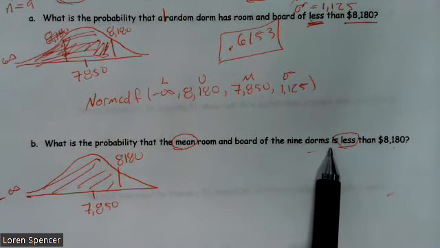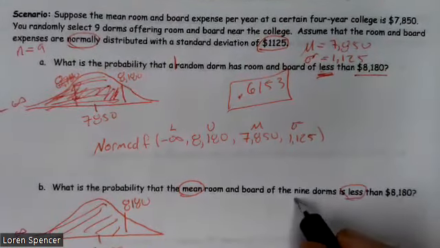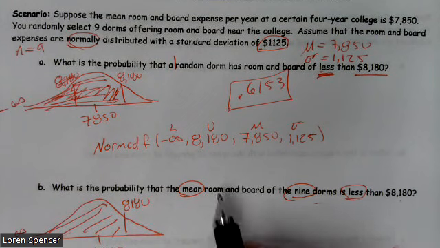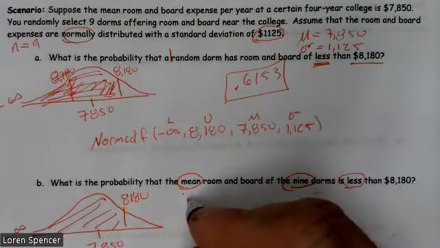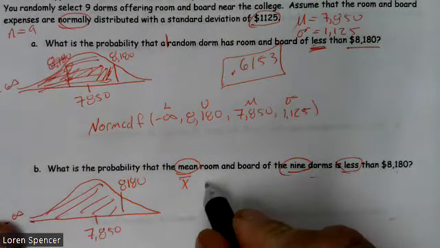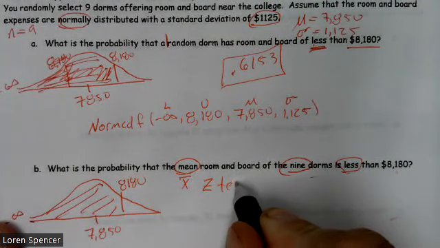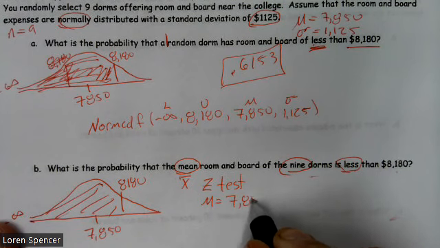But in this case, instead of working with a norm CDF, where up here we were working with 1 dorm, here we're working with 9, and we're talking about the mean. So we're talking about the distribution of X bar, the distribution of the averages. So we're going to need to use a Z test here. In the calculator, the very first thing it's going to ask for is the mean, which is 7,850.